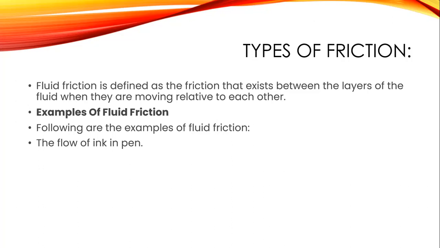Next, the flow of ink inside a fountain pen. Due to the flow of ink, we are able to write on paper very smoothly. So this is friction due to liquid motion. These are the different classifications of friction in the existing literature.